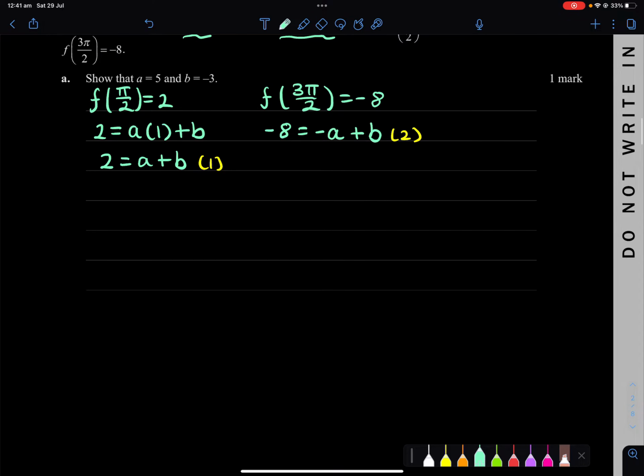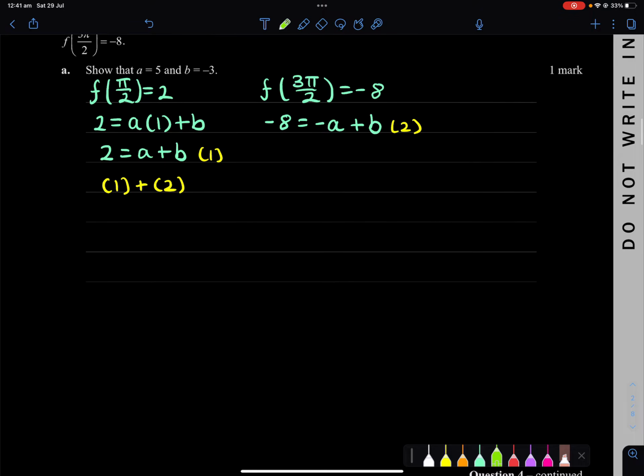Now, if I add them together, I can get rid of the a. So adding equations 1 and 2: 2 equals a plus b, and negative 8 equals negative a plus b. Adding them together, we get negative 6 equals 2b, so b is equal to negative 3.